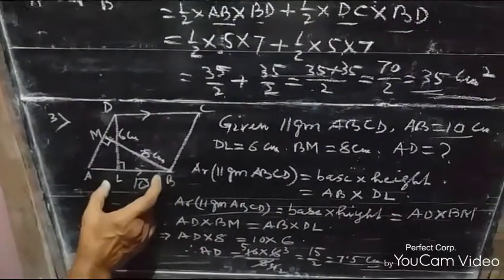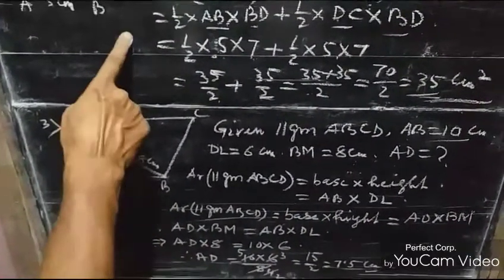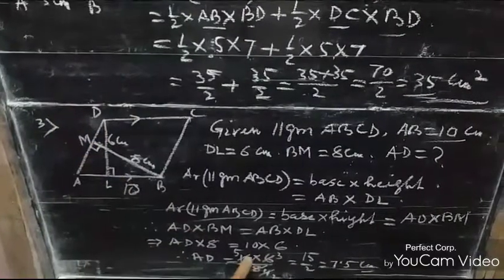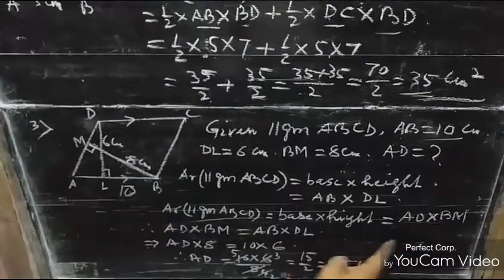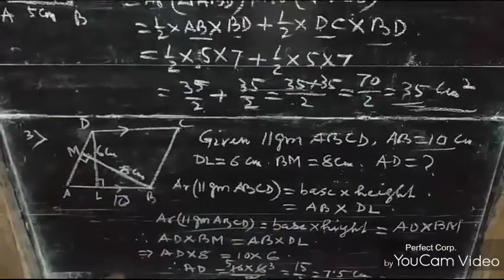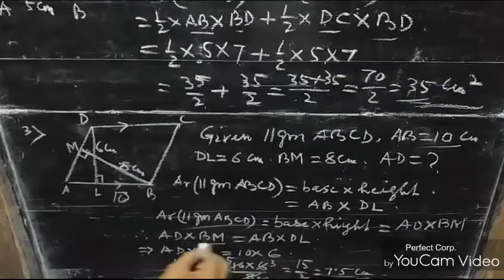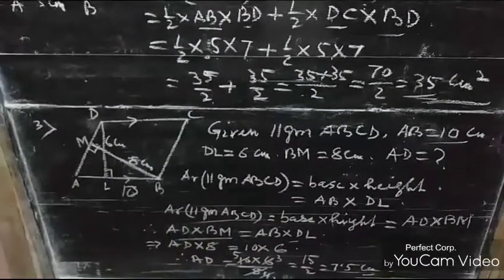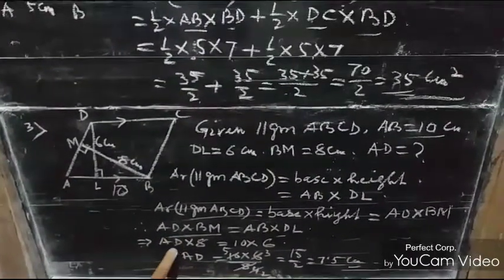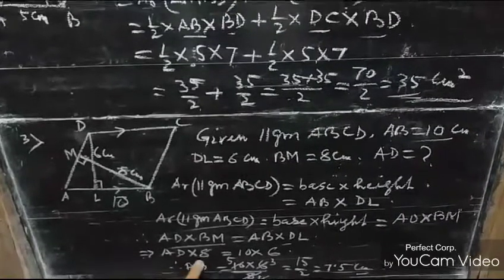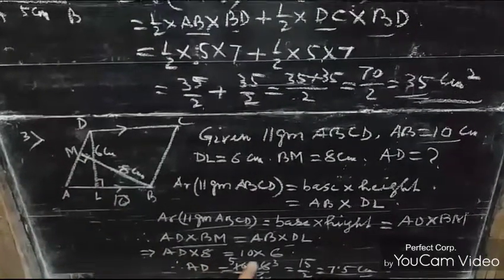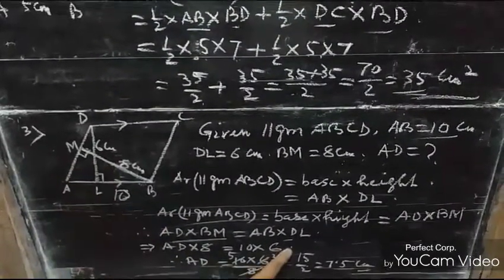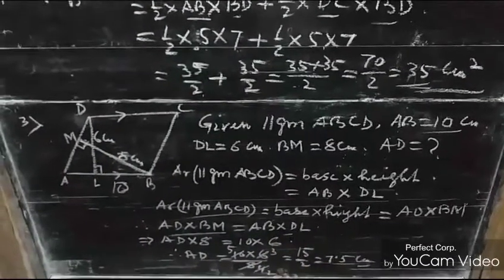In another way, the base is AD into BM. Now these are the same, the areas are actually the same for this ABCD, so we can equate them. Now we need to find AD, so AD into 8 equals 10 into 6, so AD equals 7.5.